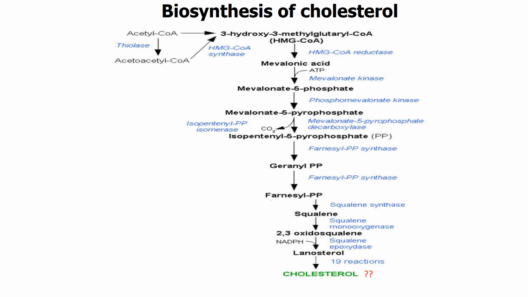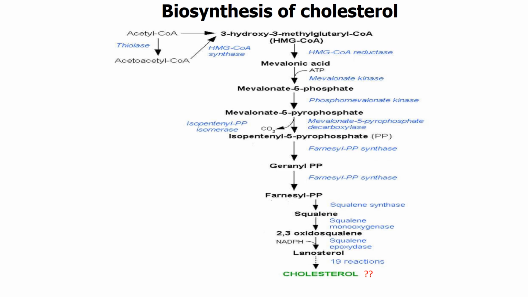Now that one will be acted on by squalene epoxidase, and the action of squalene epoxidase will give us lanosterol. Now that lanosterol will further undergo 19 reactions. You can see how complex the synthesis of cholesterol is. It will undergo 19 further reactions before it gets to cholesterol.